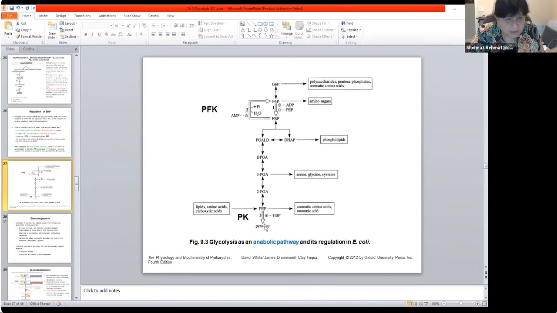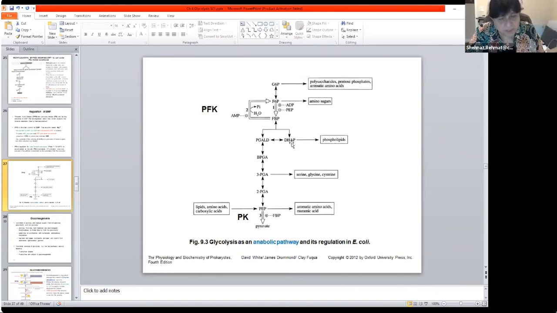So glycolysis is anabolic because intermediates from this glycolysis are being used for synthesis of different amino acids and so on. So here are some of the precursors. Fructose 6-phosphate goes into amino sugar synthesis. Glucose 6-phosphate goes into polysaccharide, pentose, and aromatic amino acid synthesis.